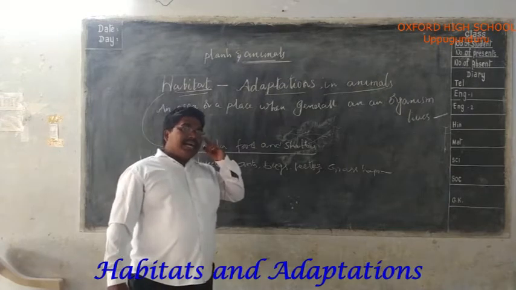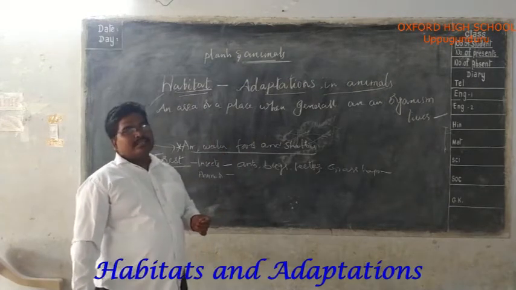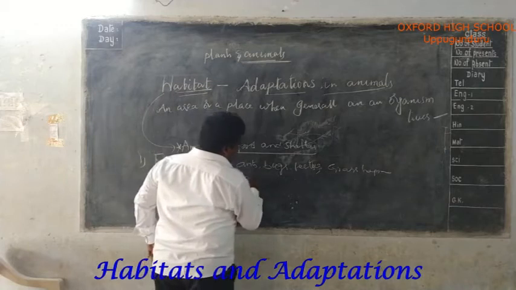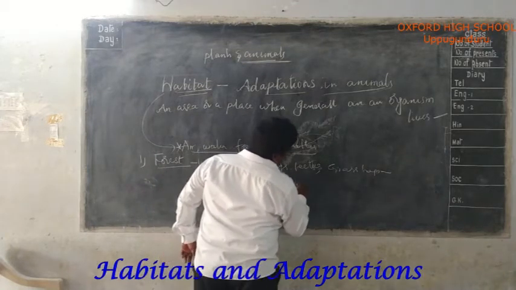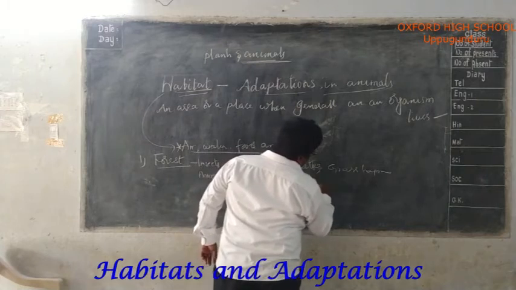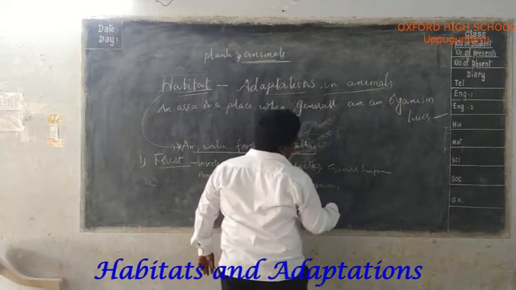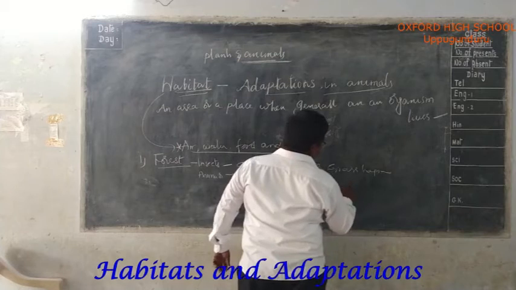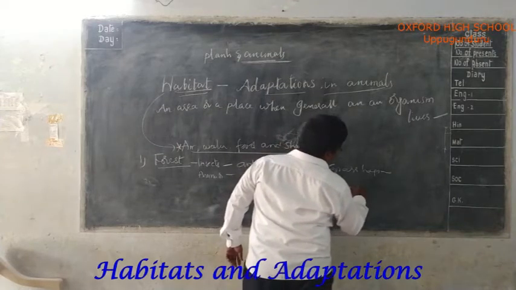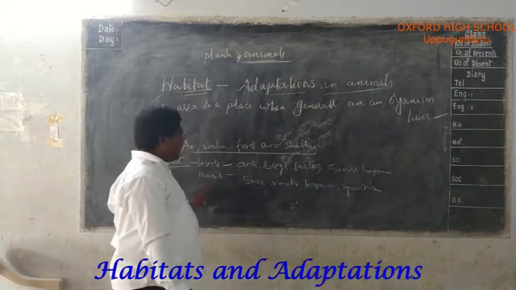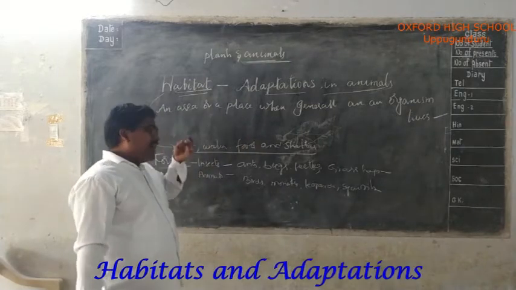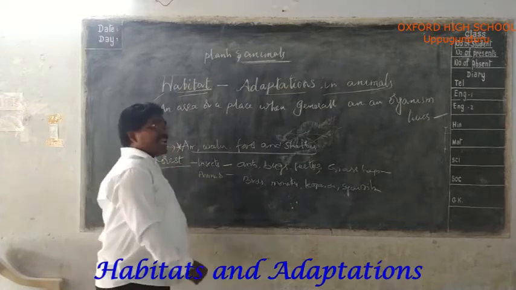These are the examples. Squirrels, birds, monkeys, leopards, squirrels. So these are some of the examples of animals that live on the trees.